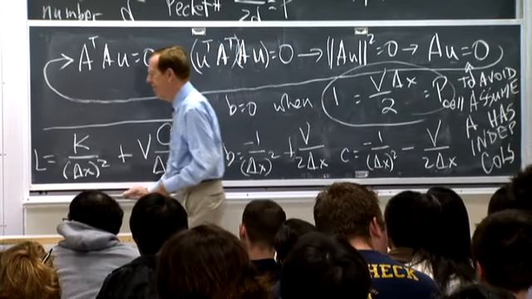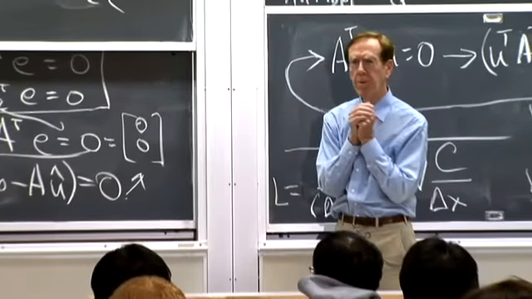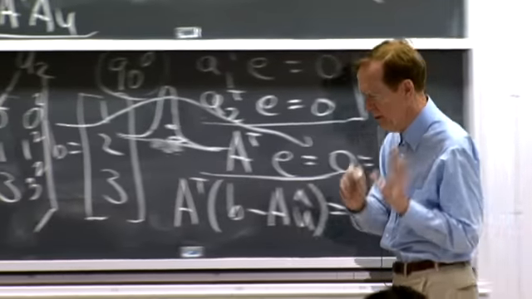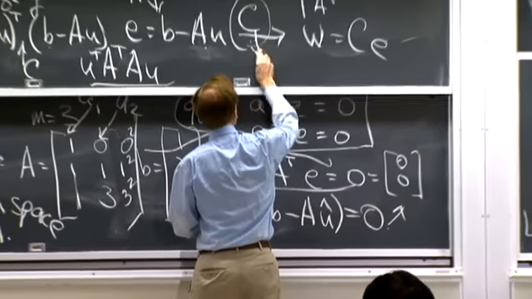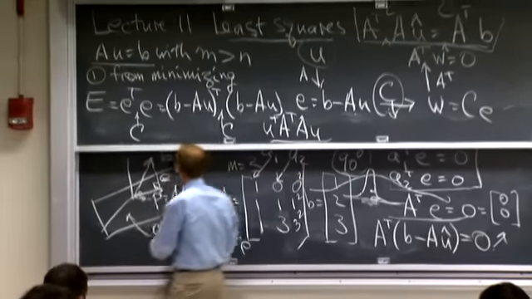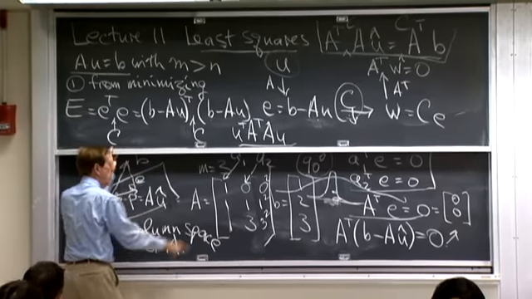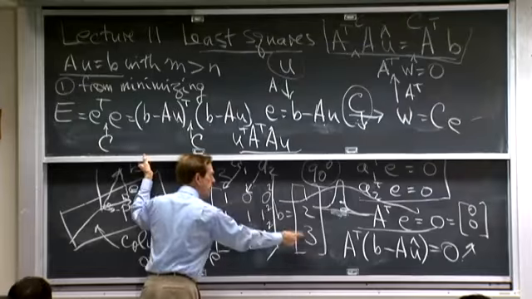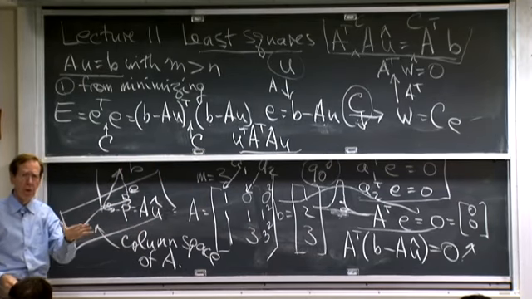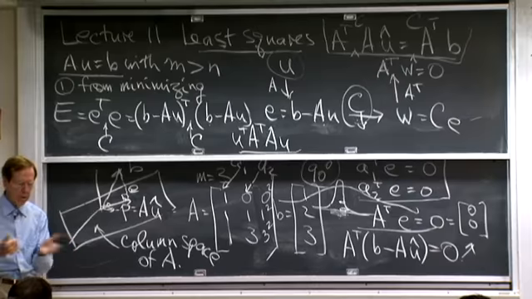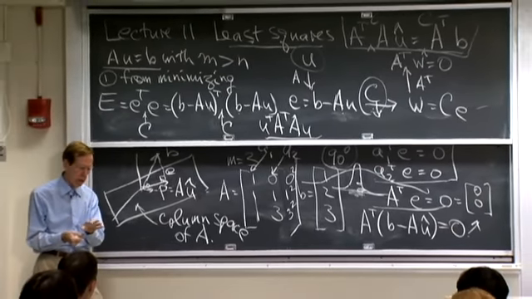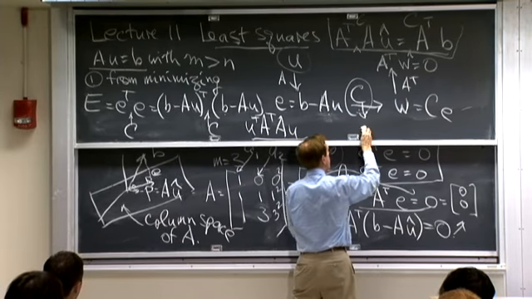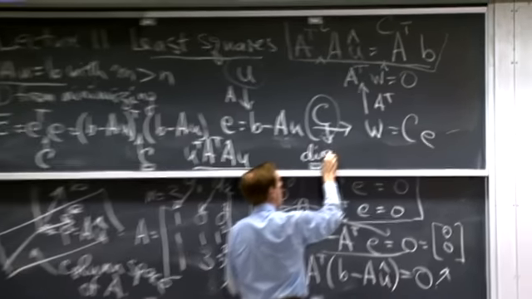Well, let me just say what the weighting matrix would be, and then I can tell you in a moment why. What would the weighting matrix be if our three equations, this came from one measurement, this came from a second measurement, and this came from a third measurement, if they came from different meter readers with different variances? Then the right C matrix will be a diagonal matrix, beautiful.